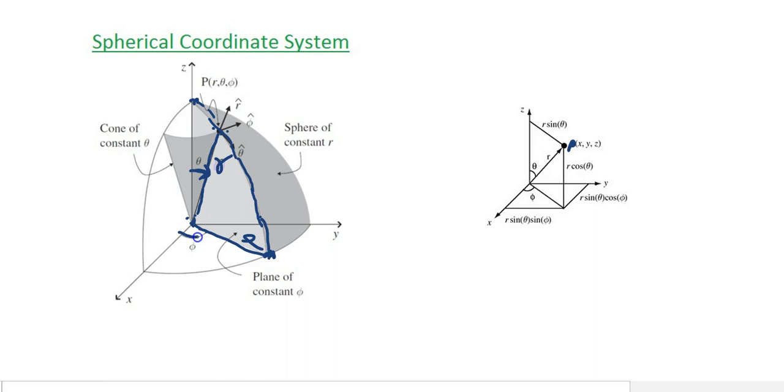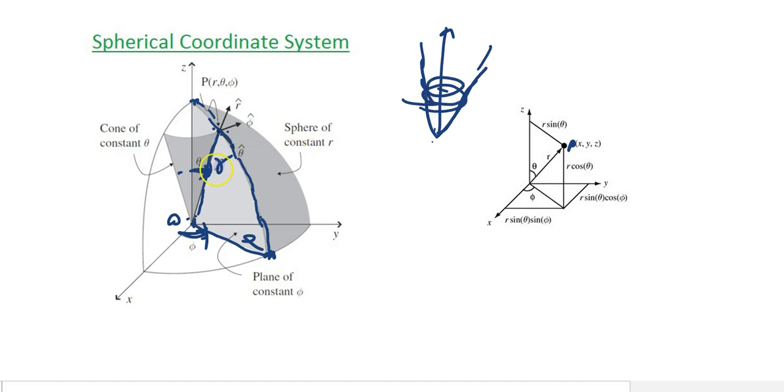So in the same way, angle phi is the same as we have defined for the cylindrical coordinate system. We have seen that phi is measured from the x-axis, theta is measured from the z-axis, and when you have a constant theta, you depict a cone.